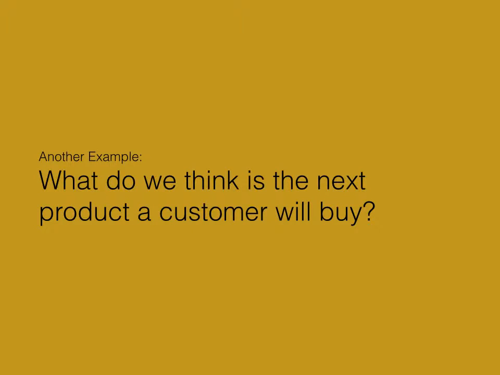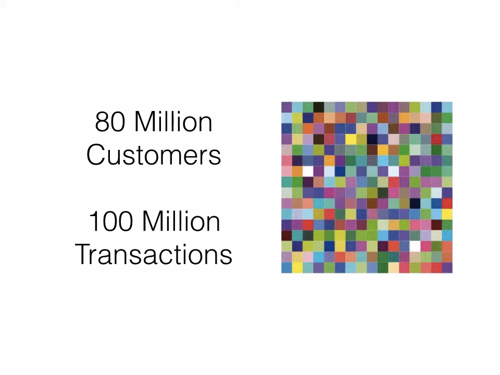So here's another example. This is more predictive. What do we think is the next product a customer will actually buy? So you're in this big business, Walmart, for example, and you have 80 million customers and 100 million transactions. And that, in the picture I have there, is just a bunch of data that you're not able to make much sense of.